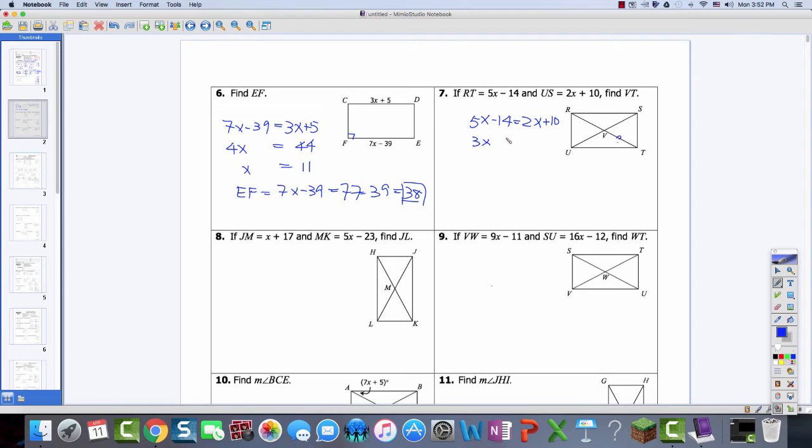So then you just solve for x. x should equal 8, which tells you that RT should be 5 times 8 minus 14. That gives you 26. And VT is half of RT. Therefore, I have 13 as my final answer.